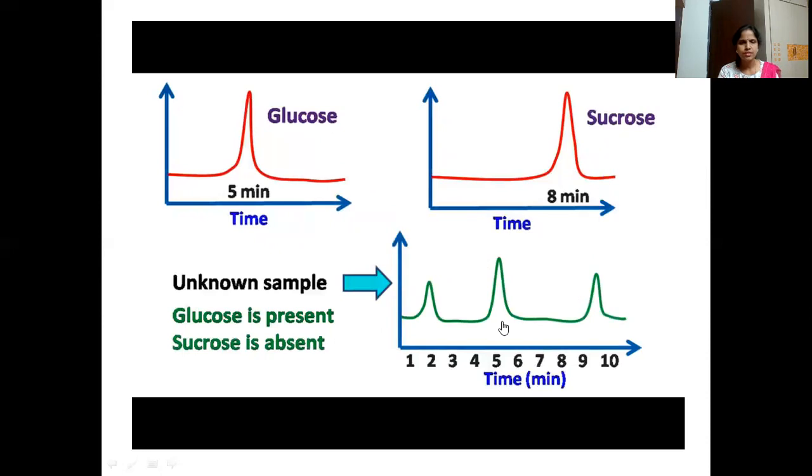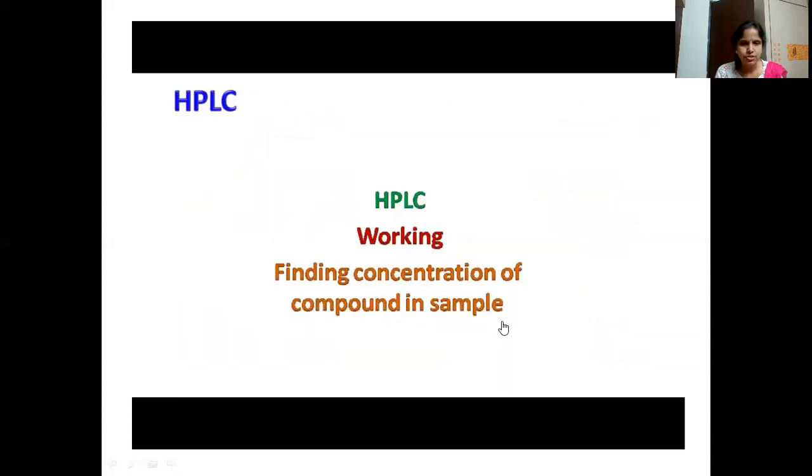So glucose is present, sucrose is absent. The unknown peaks which are formed, you have to check again with other standard compounds. In this way, we determine the various components present in a mixture.